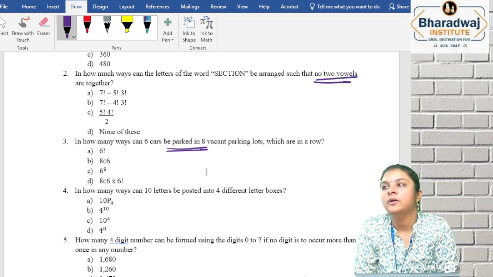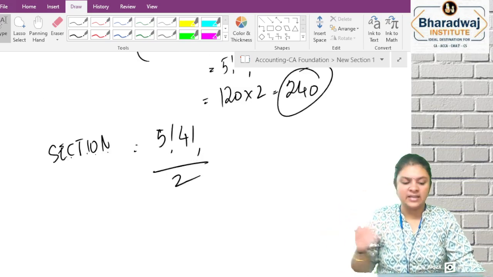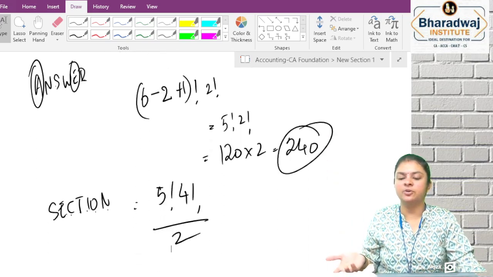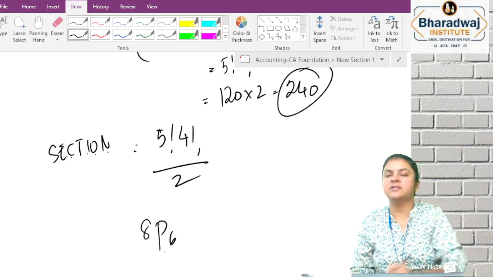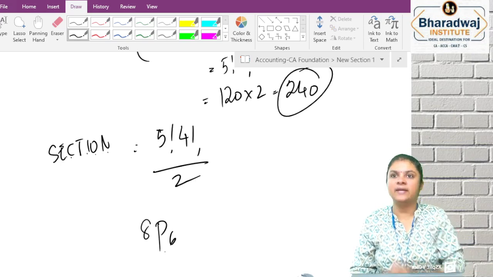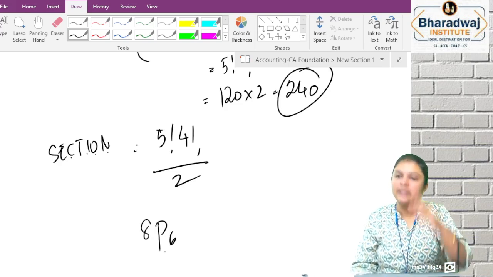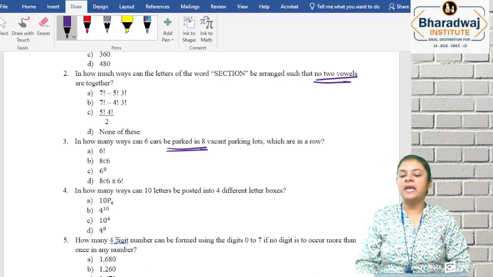Don't think too much. There are 8 places, how many cars are there? 6 cars. So what is the rule of arrangement? Permutation rule. So directly we can do 8P6. If you say 8C6 into 6 factorial, it is the same as 8P6. nCr into r factorial is nothing but nPr. Correct? So directly you can do 8P6.